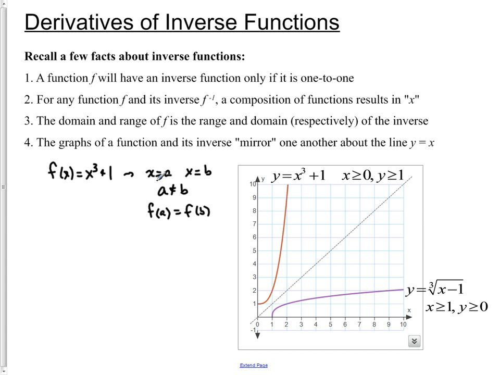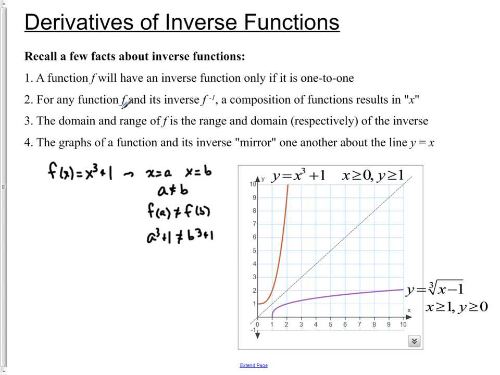Right? So if a does not equal b, we know that a cubed plus 1 will certainly not equal b cubed plus 1 for any two separate values. So we know that's got to be a 1-to-1 function. All right, so f of x equals x cubed plus 1 is a 1-to-1 function.